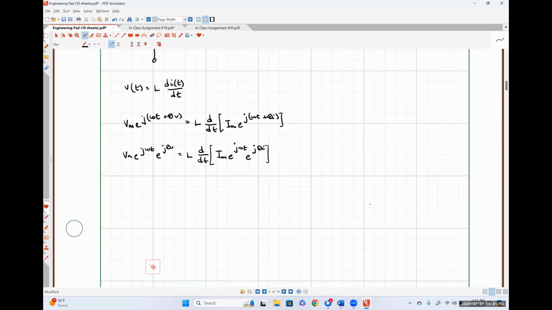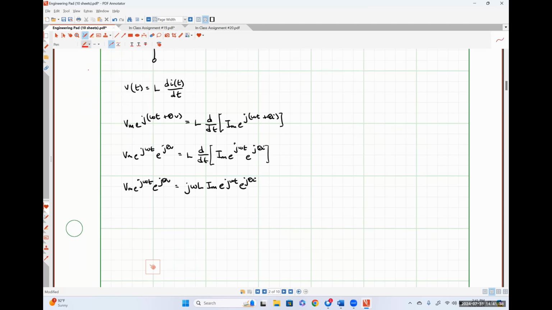So that means we would have Vm e to the j omega t e to the j theta v is equal to j omega L times Im e to the j omega t e to the j theta I.